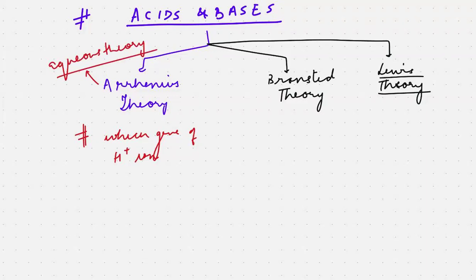When some acid or base is dissolved in water, and in water it gives off H plus ions, which are my hydronium ions, then what do you think is going to happen? Substances which give hydronium ions, I'm going to say, are acids. Got the point?